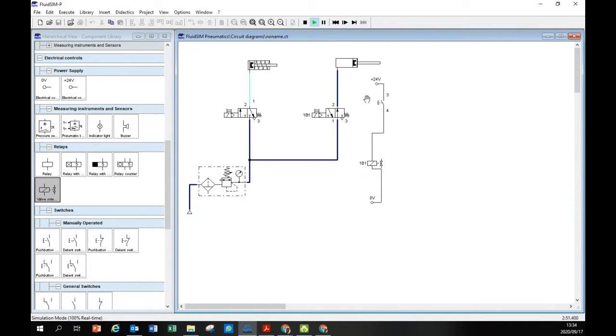Only when that switch is connected can the electricity pass through. But with the valve, now the valve is closed here. There's no more air passing through. So this one is normally open because the air can pass.